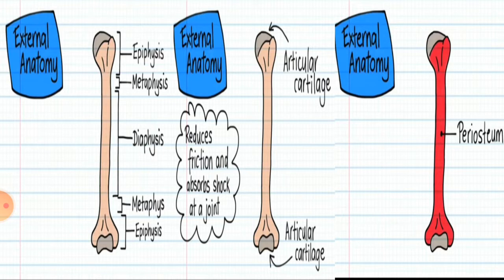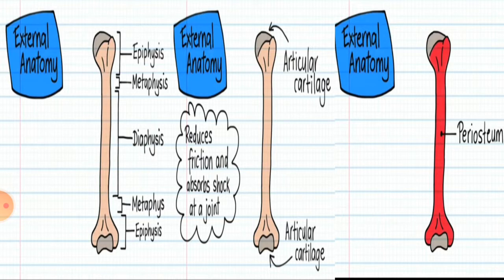The next point that we are going to discuss is articular cartilage, and you can see in this image that the articular cartilage is covering those parts of the long bone that take part in the formation of a joint.